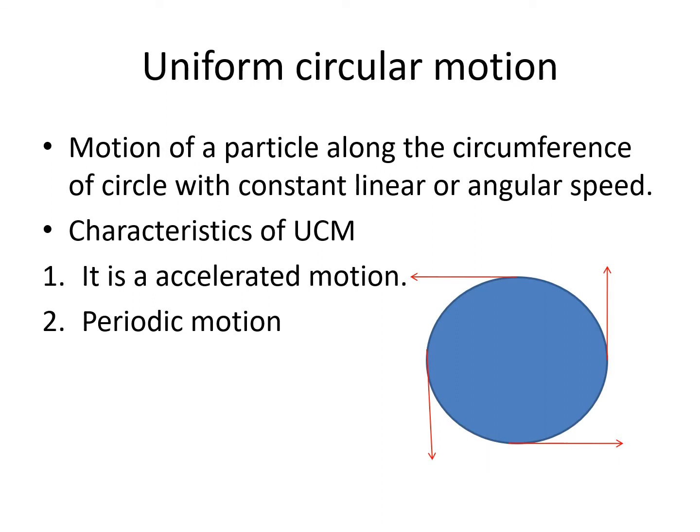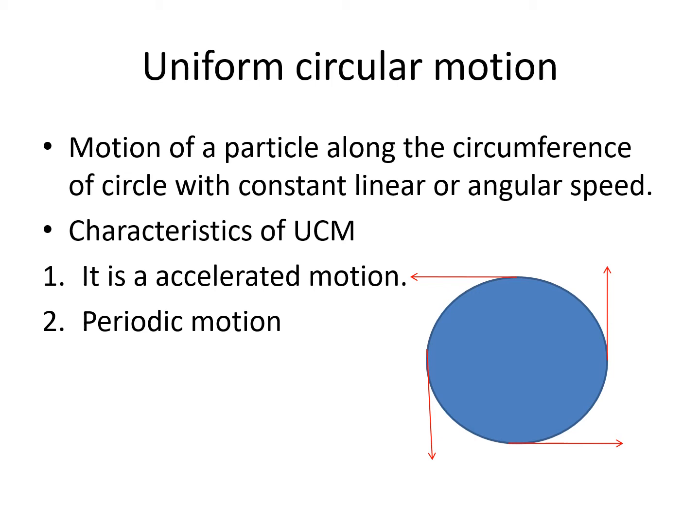Let us define uniform circular motion. It is a motion of a particle along the circumference of a circle with a constant linear or angular speed. If we consider the equation v is equal to r omega, if the angular speed omega remains constant, then v has to remain constant. The characteristic of uniform circular motion is that it is an accelerated motion. Why is it called an accelerated motion? Observe the figure carefully.